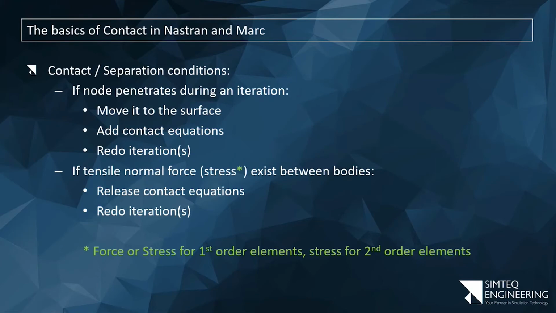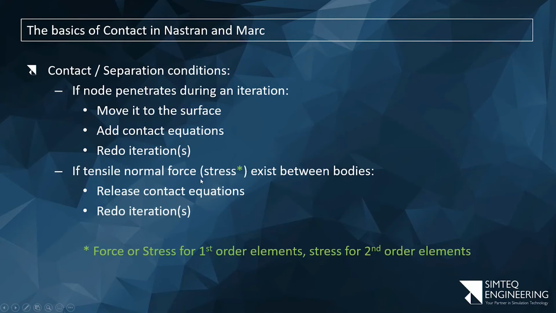There's nothing the solver can do about that other than trying to find an element formulation which doesn't have that issue. But we're using some kind of parabolic interpolation, which means it's impossible to find something that works perfectly only on forces. So we can use either forces, which is the default, or stresses for first order elements. In other words, a tensile force or tensile stress.